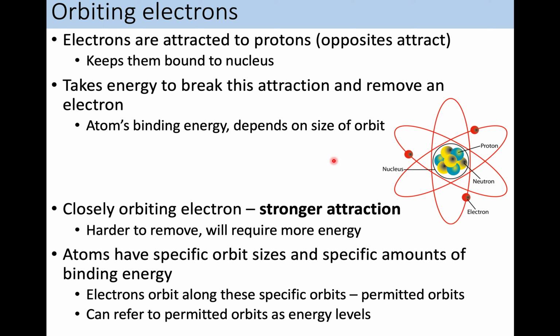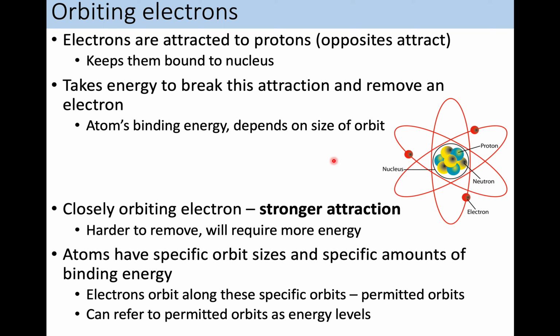Now, atoms have very specific sizes of orbits, and there's a specific amount of energy per atom for this binding. So electrons are orbiting along these specific orbits. They're sometimes called the permitted orbits, in terms of how far away from the nucleus the electrons can be.